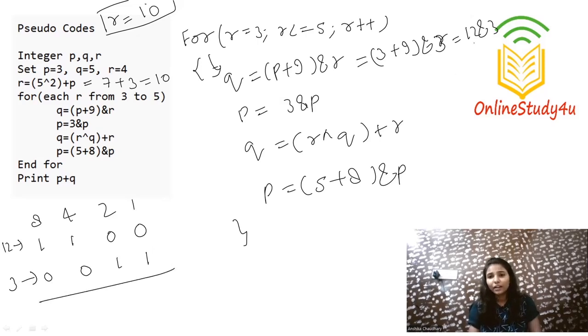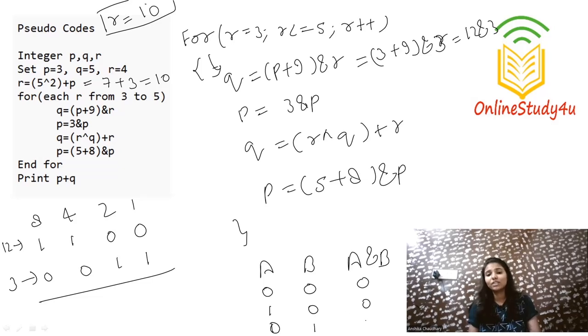So let's perform the AND operation. And how does AND work? If this is A and this is B and we are performing A and B: if A value is 0 and B value is also 0, it will give 0. If A value is 1, B value is 0, it will again give 0. If A value is 0 and B value is 1, it will again give 0.